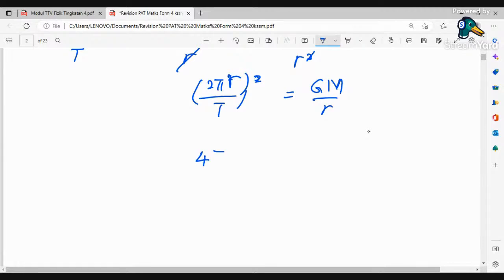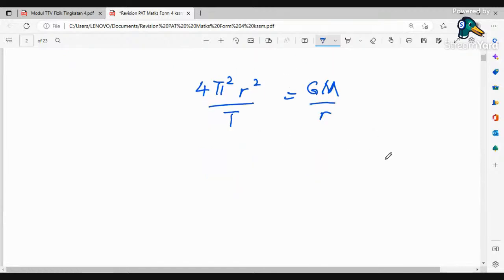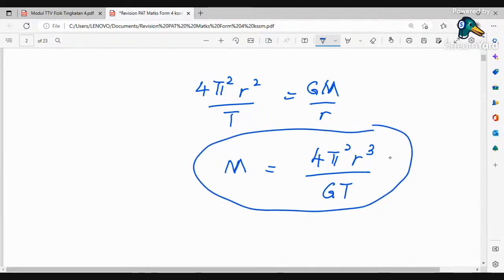So you have 4 pi squared R squared over T squared equals GM over R. So just combine, and you have M equals 4 pi squared R cubed divided by G T squared. So if you want to calculate the mass of the sun, you need the radius of the orbit where the sun is the focus, and then G times the period of orbiting of the object.